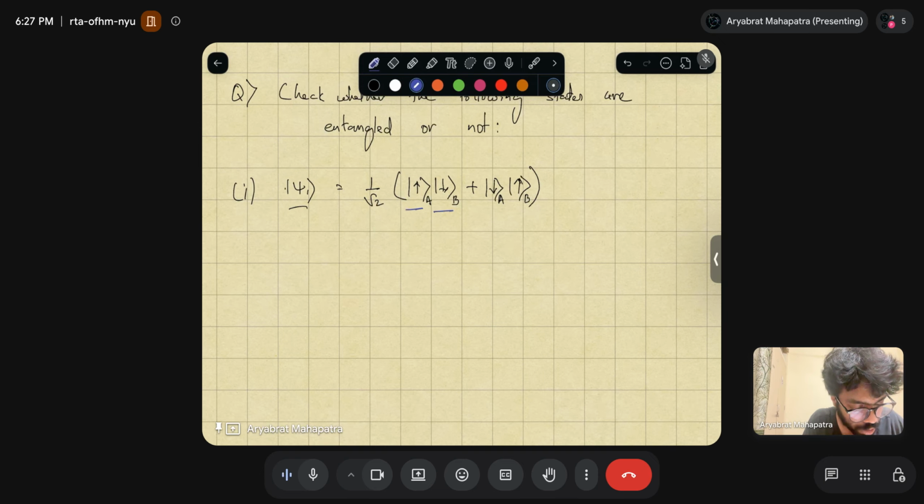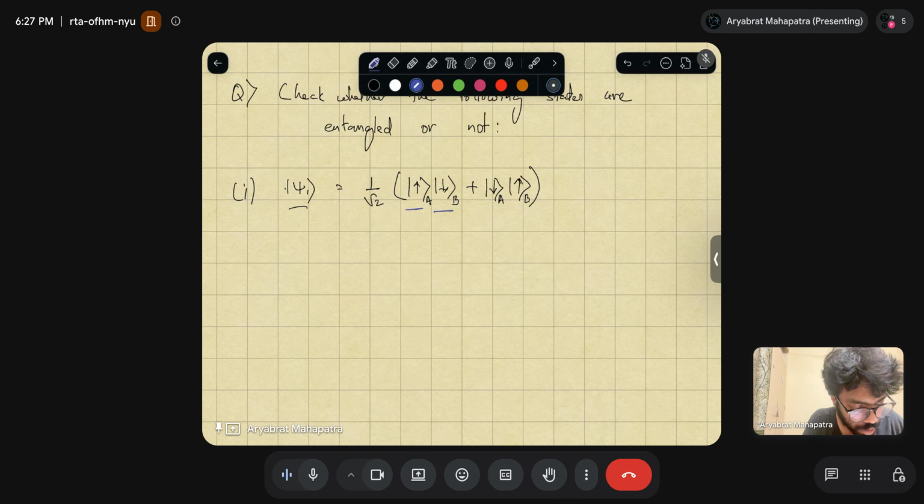I can have it for Bob as well, and this belongs to Hilbert space B. So then I can have multiple options right here. This with this, and this is something you can write as this, and in the same way you can also have this.